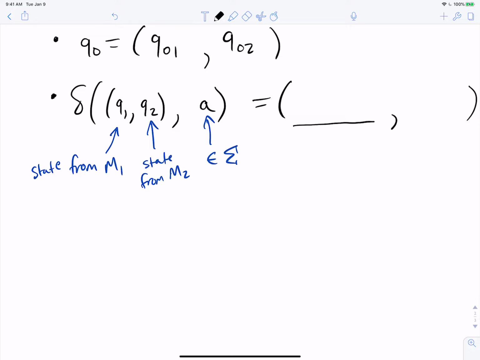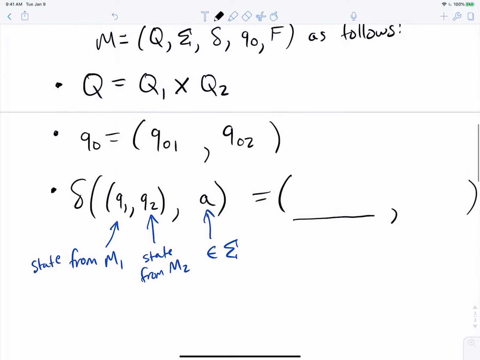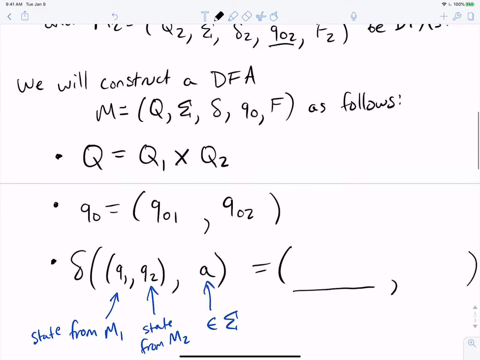Well, how do we know exactly what's going to happen? Exactly. So we look at the transition function of the first machine. What did the first machine do? We figure out what the first machine's state would have been and then paste it back into here.